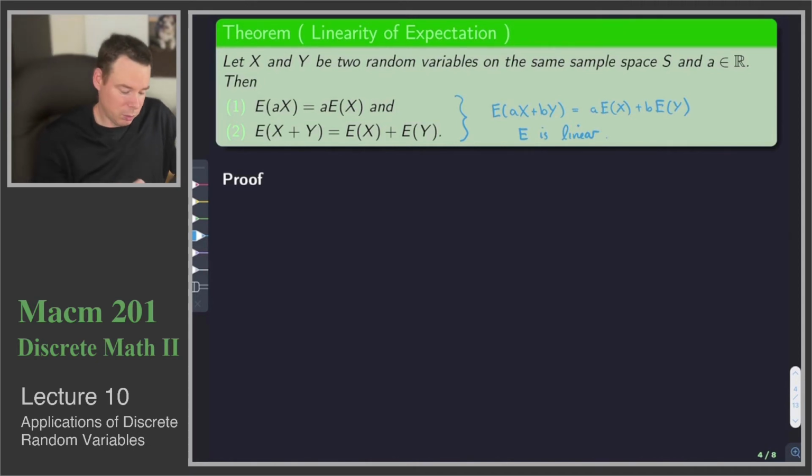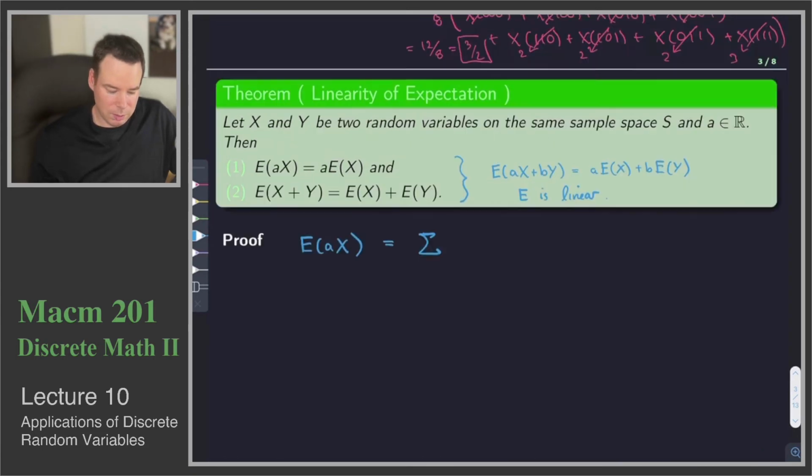So let's prove this. Let's prove that it actually has these properties. In the first case, we want to show that E(aX) is a times E(X). So we'll just go ahead and use the fact that the expected value of this random variable is the sum over, and here I don't want to sum over all the values of the range, because the random variable X and the random variable aX probably have different ranges.